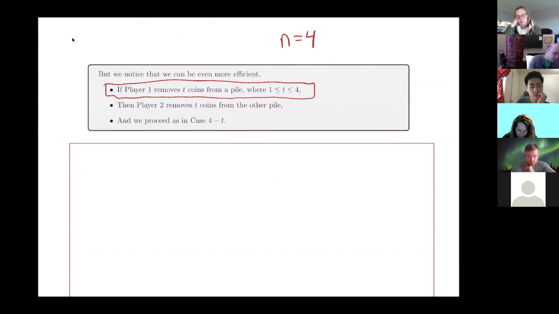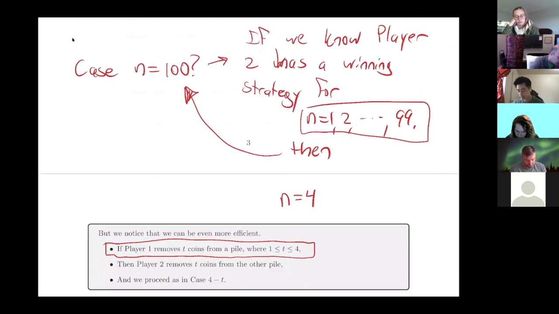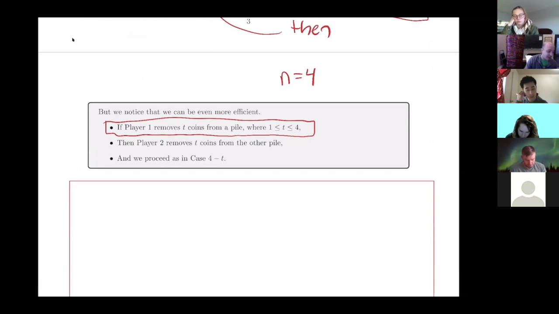Rather than go through each of these cases, if they remove 1, then player 2 removes 1. If they remove 2, player 2 removes 2. Now we can sum that up more succinctly by saying, if player 1 removes t coins, player 2 is going to remove the same number of coins. And now we've got a case where we still have the same number of coins in each pile for a smaller value of n.